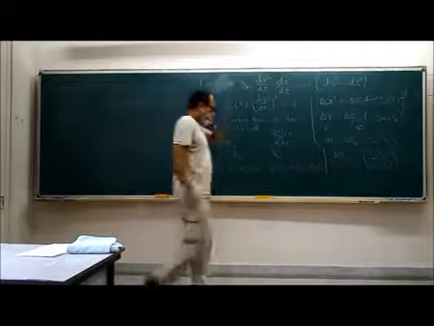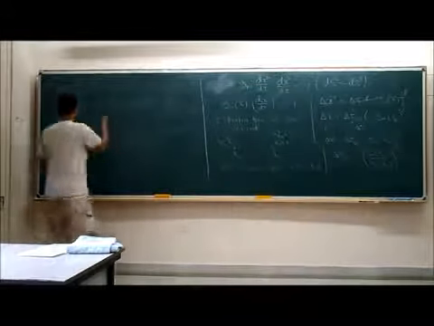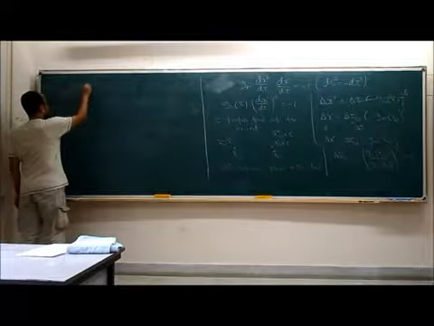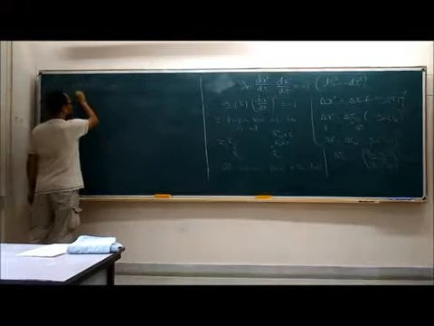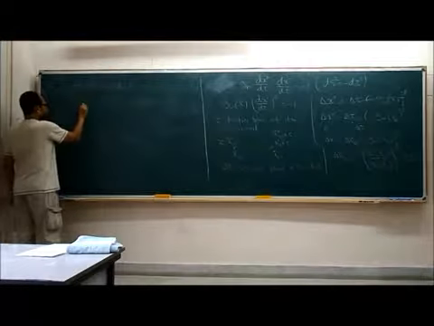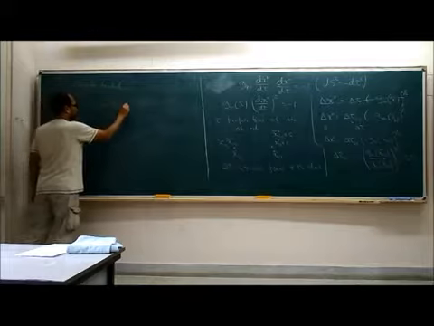So let's try to see what it looks like in the weak field approximation. In the weak field limit, we have seen that G naught naught you can write as eta naught naught plus H naught naught.